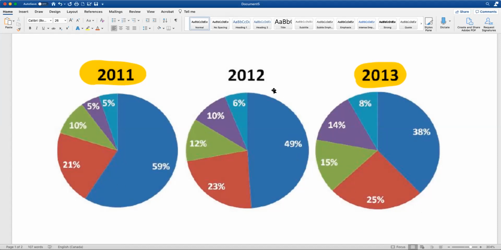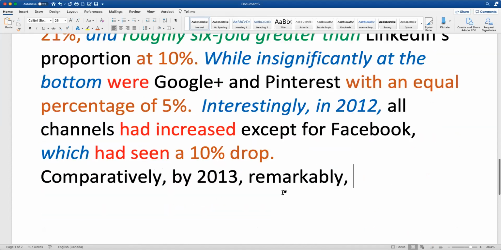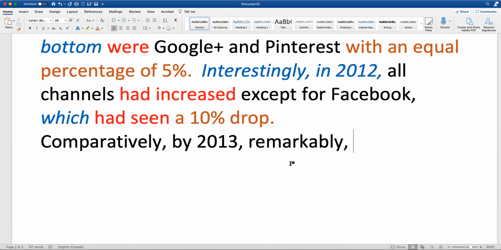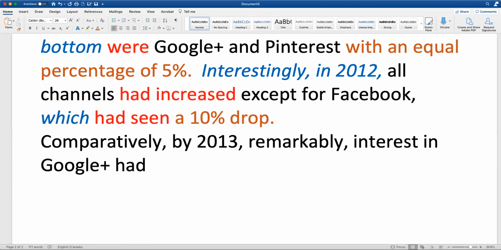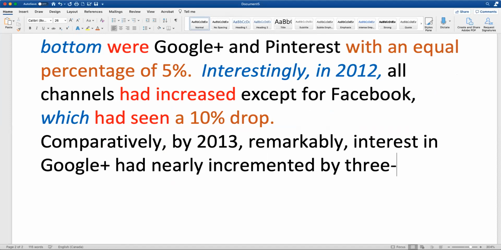Okay, we're going to say that exactly. Let's say interest in Google Plus had nearly incremented by 3 times.